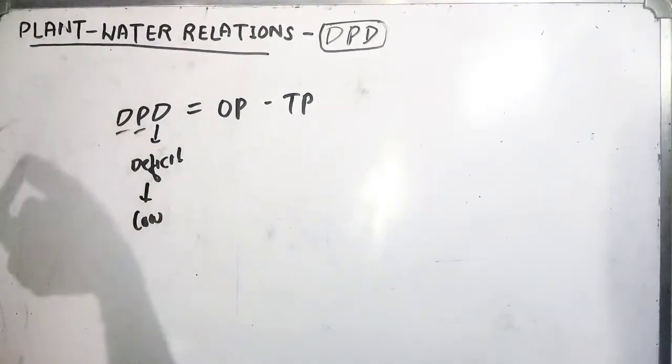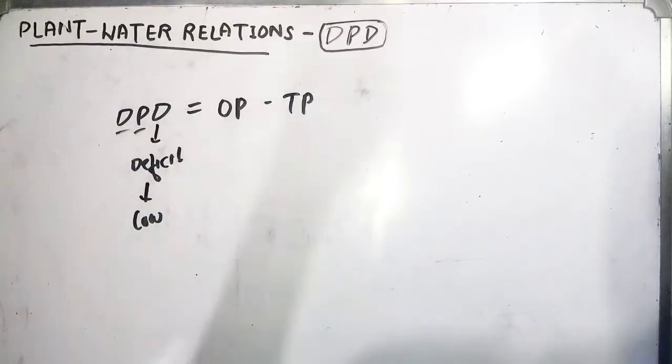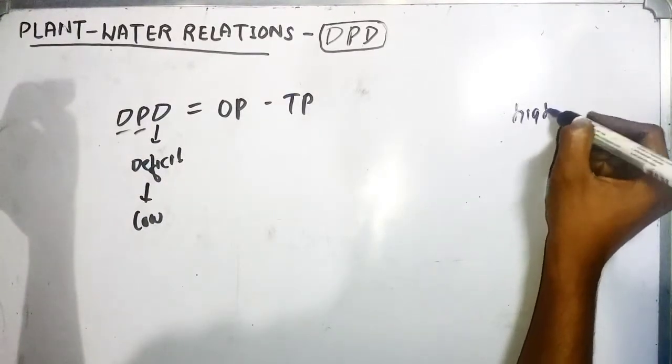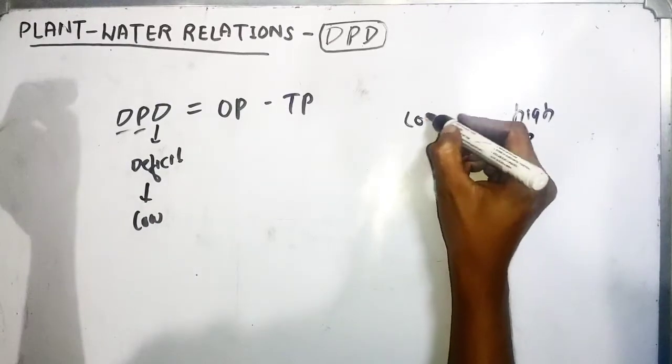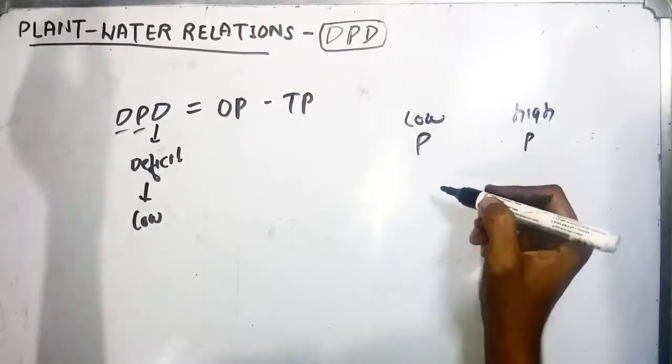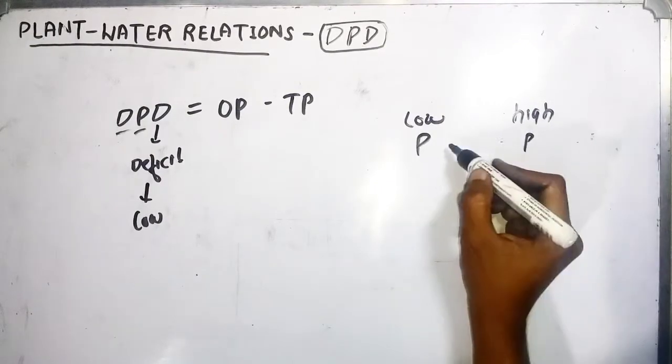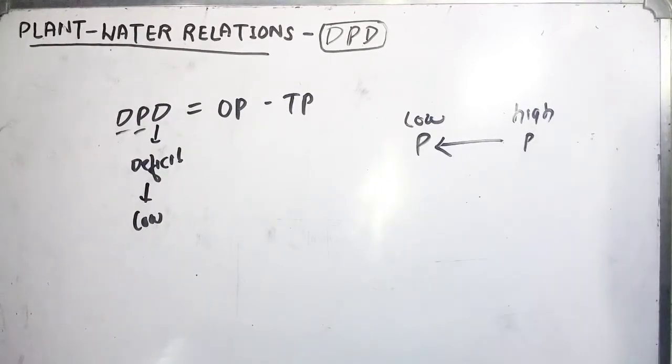There is a deficit in pressure for diffusion. The higher the DPD, the higher the deficit of pressure. If there is a higher pressure and a lower pressure, anything will flow from higher pressure to lower pressure.